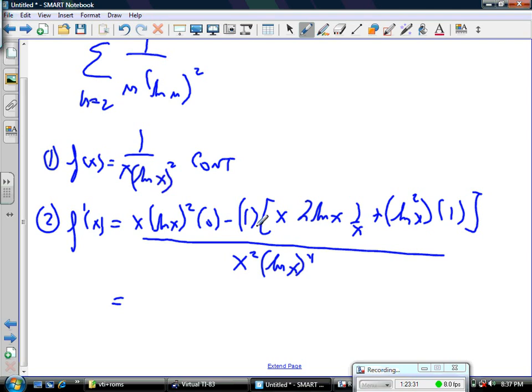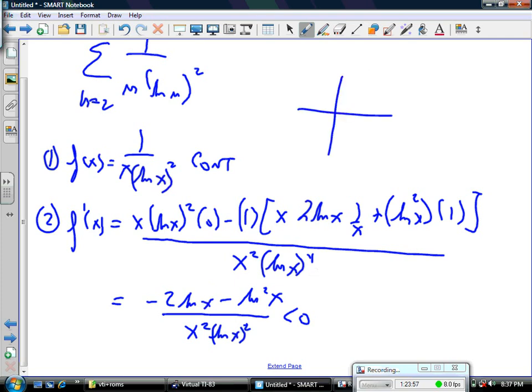So I'm going to distribute the negative 1 throughout and cancel the x's. It's going to be negative 2 ln x minus ln squared x as the numerator. Again, the denominator is always positive, so if this fraction is negative, it's because the numerator is. On the domain from 2 to infinity, what's ln x, positive or negative?